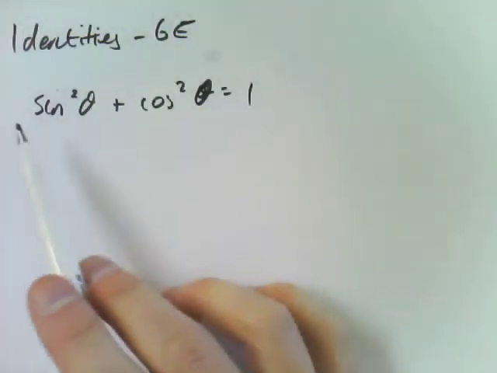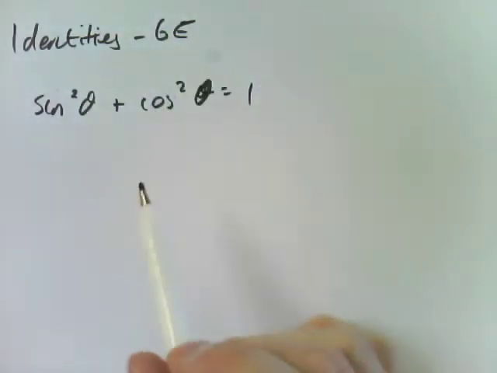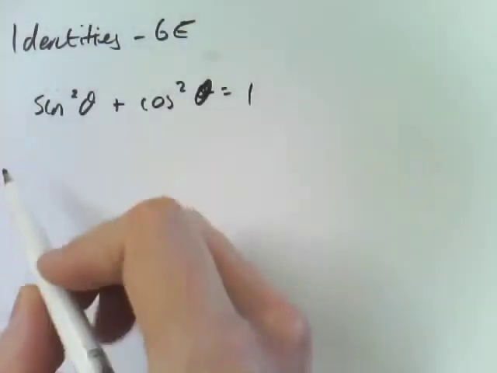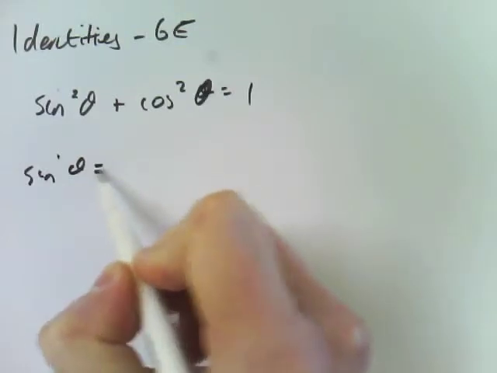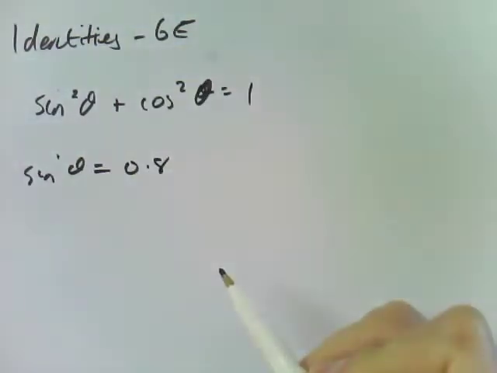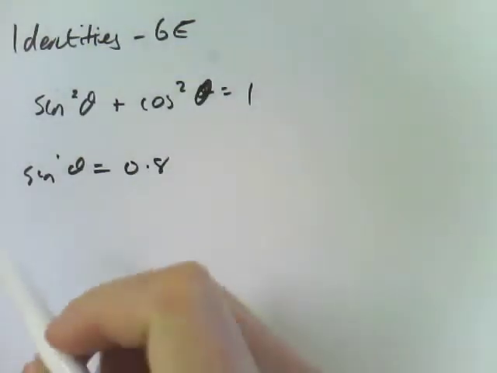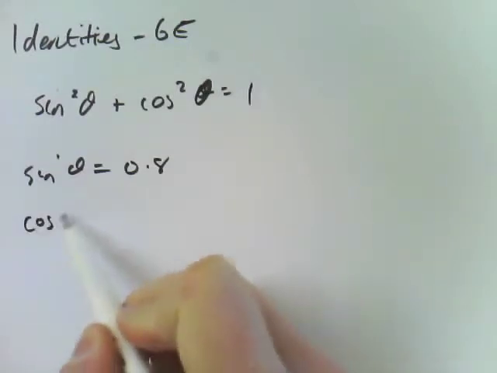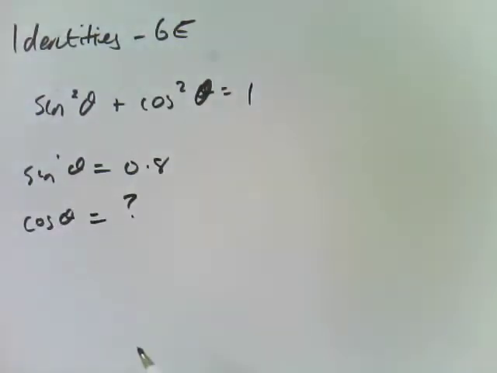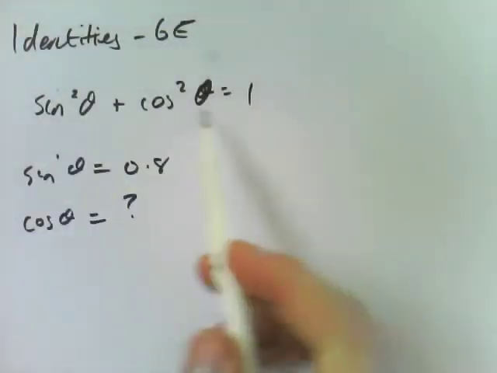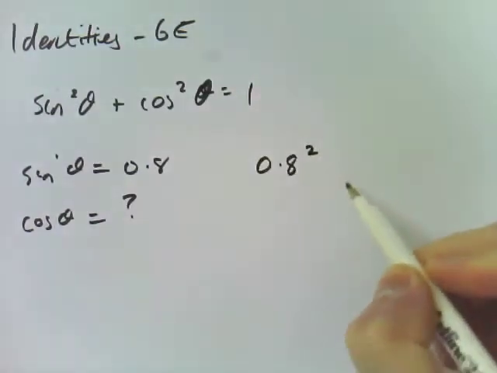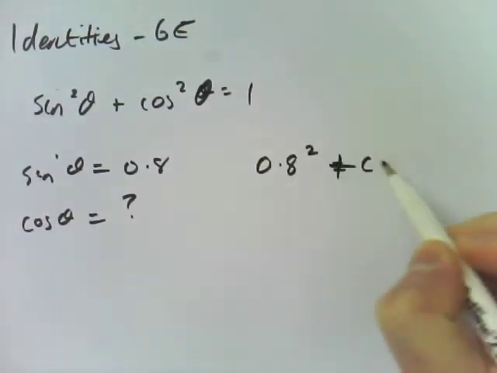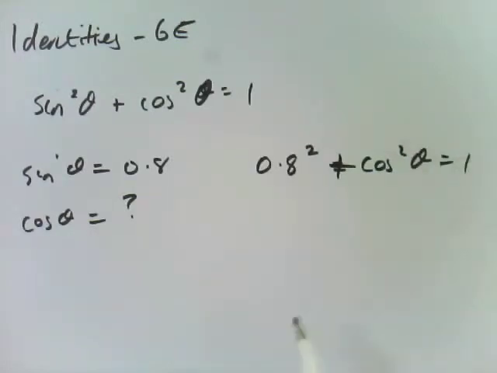So if we have a look at question 2a, it's got sine theta equals 0.8, and then A is to find cos theta. So what you do is you sub that into this identity here. You say, okay, 0.8 squared plus cos squared theta equals 1.